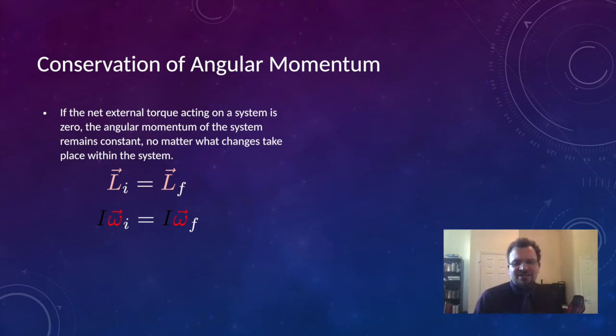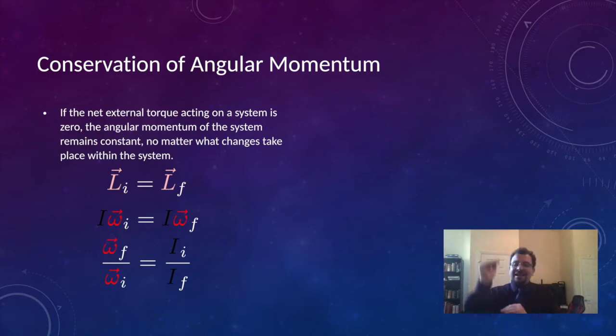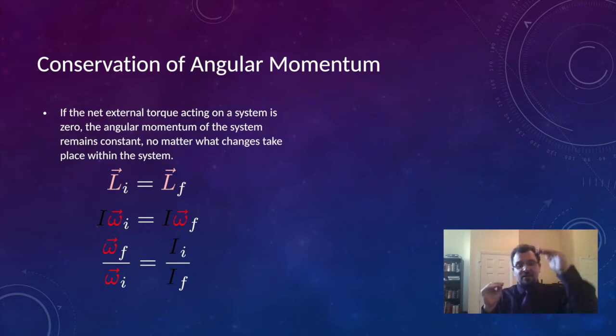We can rearrange this if we want to, but basically, if you change that moment of inertia, your angular velocity is also going to be changing. No outside torques, no unbalanced torques necessary for us to have a change in angular velocity. All that matters is changing that moment of inertia, which we can do by changing the shape of our object.